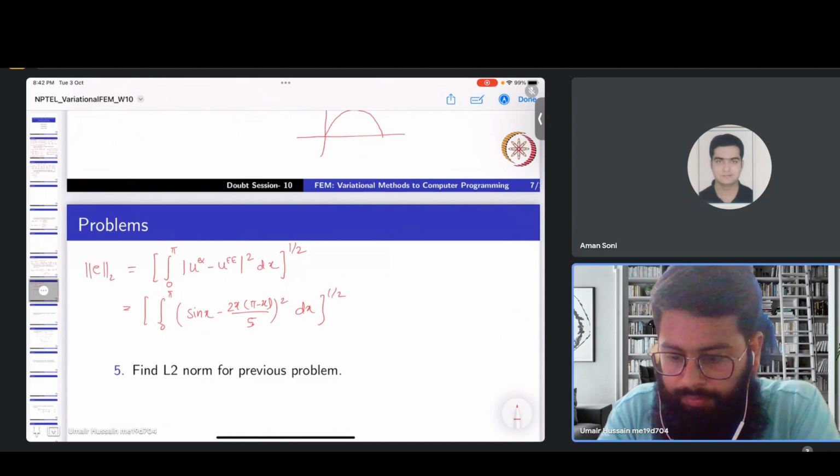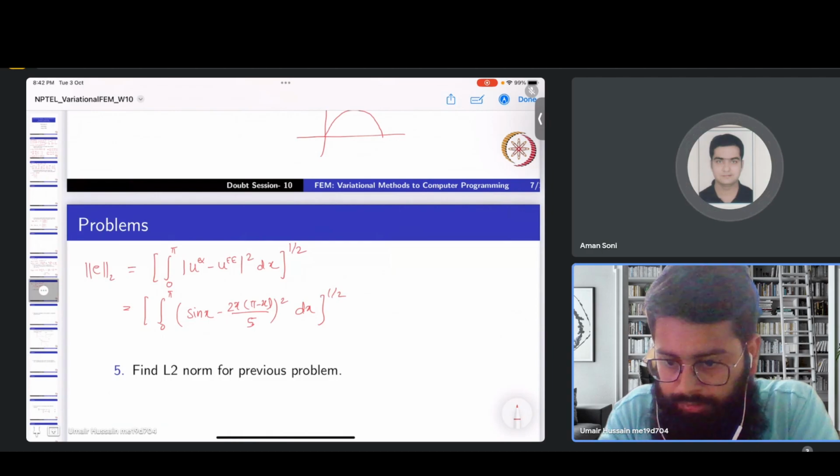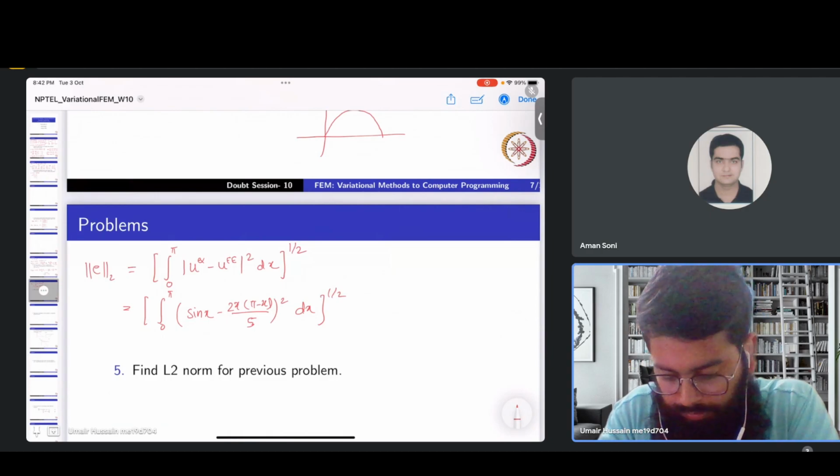Sine of x minus 2 into x into (5 minus x by 5) squared, from 0 to pi.